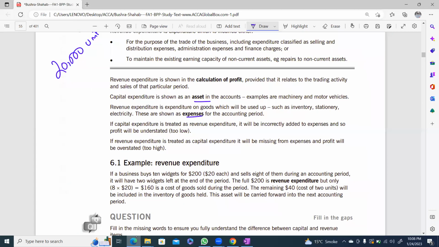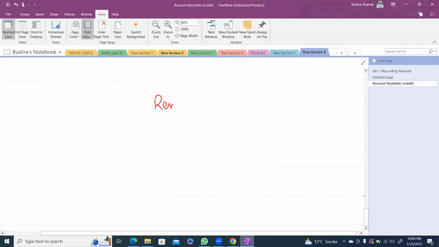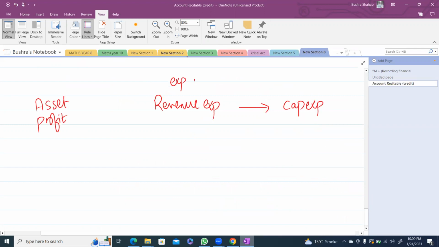Now, for example, there is a revenue expenditure, an expense, and you have treated it as capital expenditure. In the exam, they will ask you what will be the effect on assets and what will be the effect on profit. If this is an expense and you have added it in the cost of an asset, what will happen?